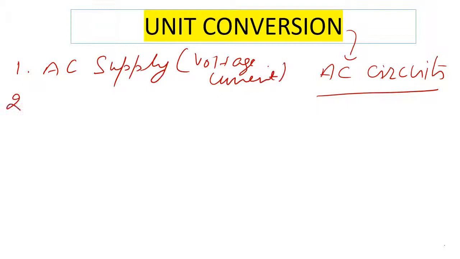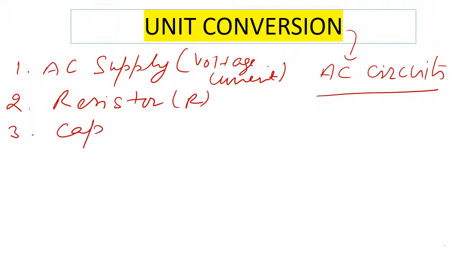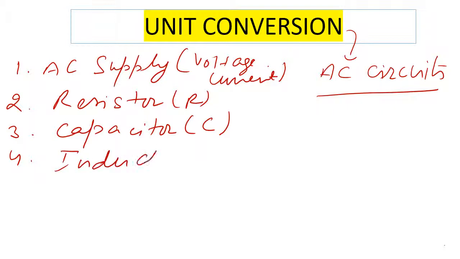Then there is an electrical component, the resistor R, and the third one is the capacitor C, and the fourth one is the inductor L. These are the very basic parameters in AC circuits.